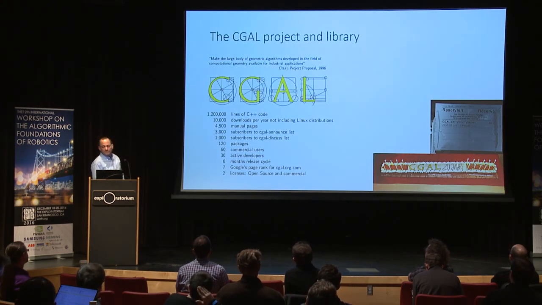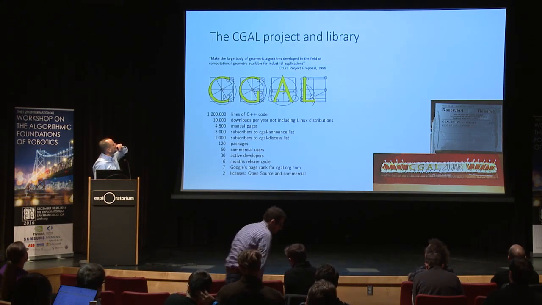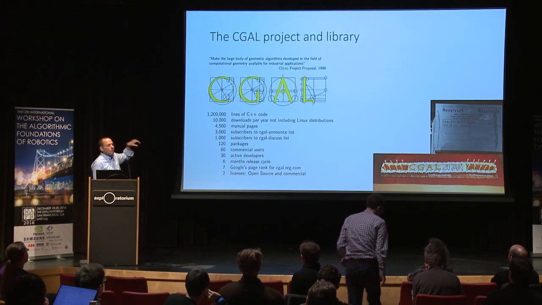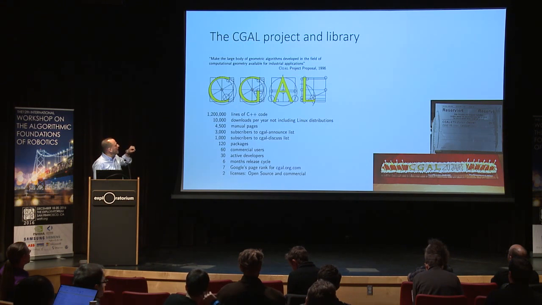We addressed it. We addressed it as part of the larger CGAL project. I want to slightly advertise the CGAL project. It started 20 years ago with the goal of making computational geometry algorithms applicable in practice. You have some numbers here. It's pretty well used.